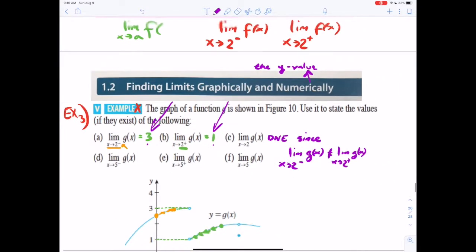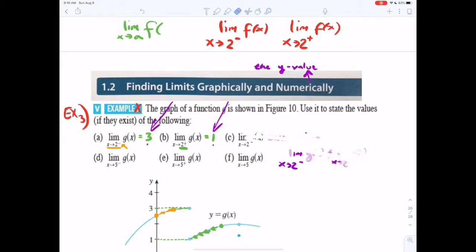Okay? When the two left and right limits do not equal, the overall limit does not exist, okay? Pause, replay that if you guys need to, okay? Okay, here we go. I'm going to make some space here because we're going to do parts D, E, and F.